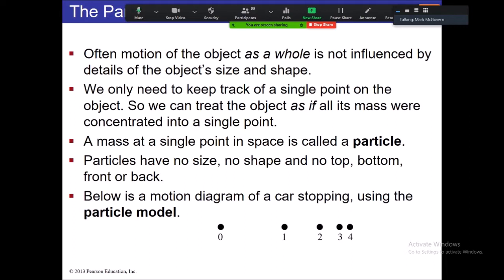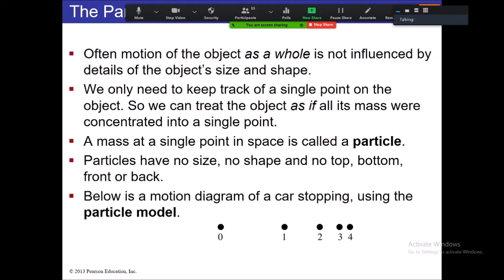We have plenty to talk about if we assume our objects are simply particles. No size, no shape. Okay? If you're curious how we would accomplish that, one of the first things we will do in chapter 12 is to work out center of mass problems. And the center of mass is what the particle basically represents.